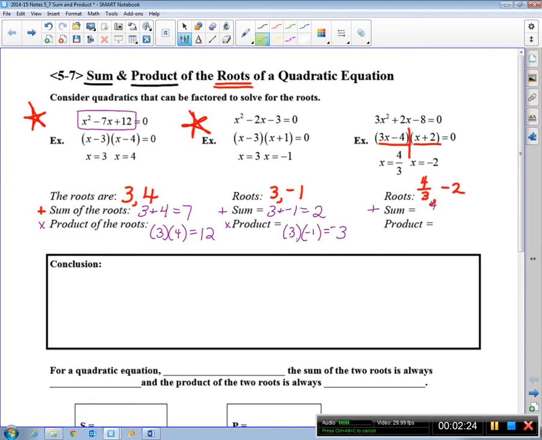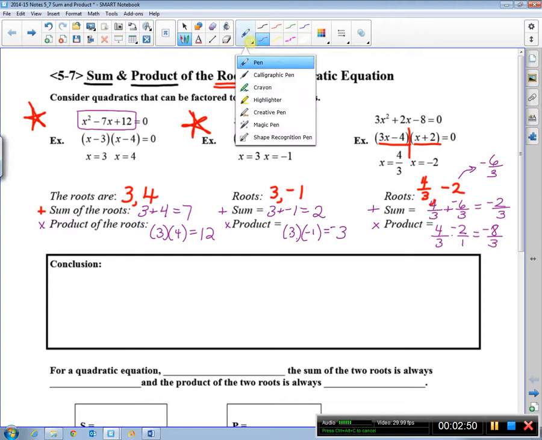Let's see, I'm going to do 4/3, and I'm going to make negative 2 into negative 6/3, so that I get a nice easy fraction. And the product of those two roots, I can just multiply. I don't need a common denominator. Negative 8/3.